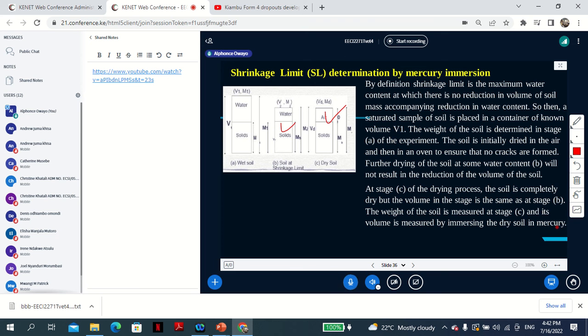Even though it's completely dry, the volume should be the same as the volume at some point previously, where there was some amount of water. So if you compare the two volumes, they should be the same, except at stage B there was some water, at stage C there is no water. But there is no change in volume. That's why we also don't want cracks. So that is your shrinkage limit.